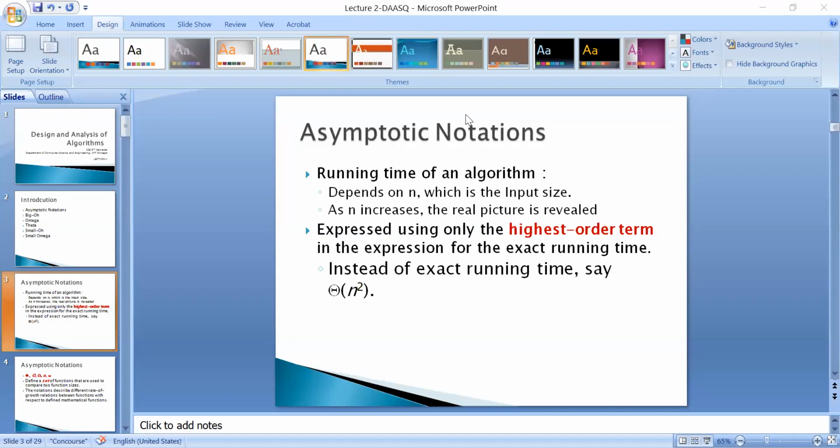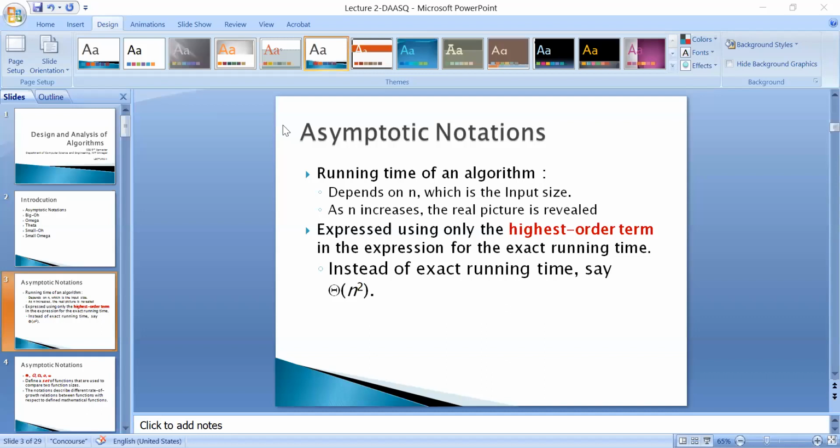We usually talk about the amount of time taken in the worst case. So we always give the worst case time analysis, which is the upper bound: your program will not take more than this amount of time in any case.